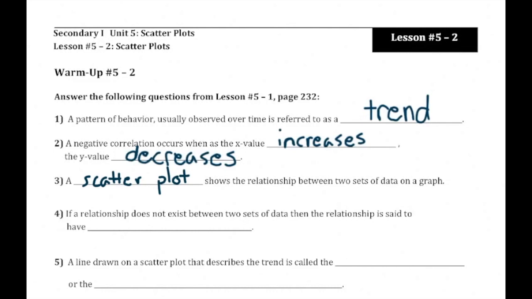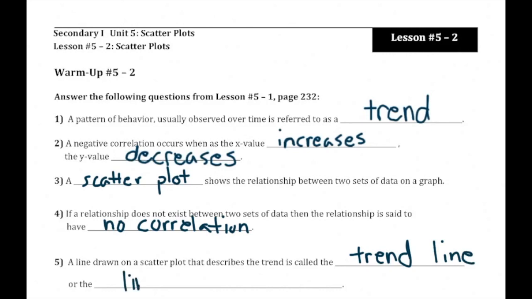If a relationship does not exist between two sets of data, then the relationship is said to have no correlation. Number 5. A line drawn on a scatter plot that describes the trend is called the trend line or the line of best fit.